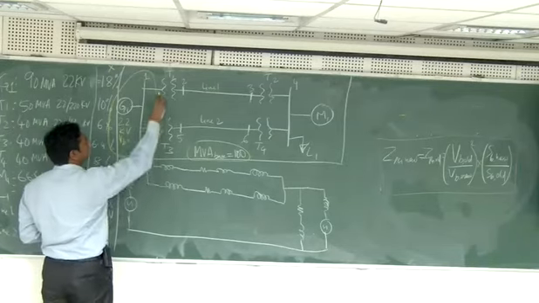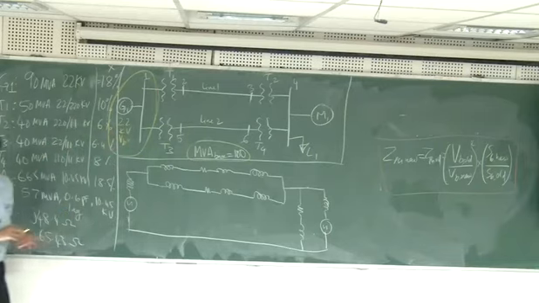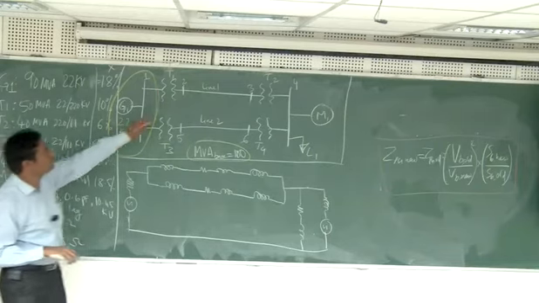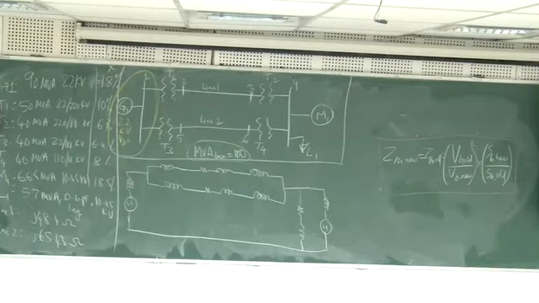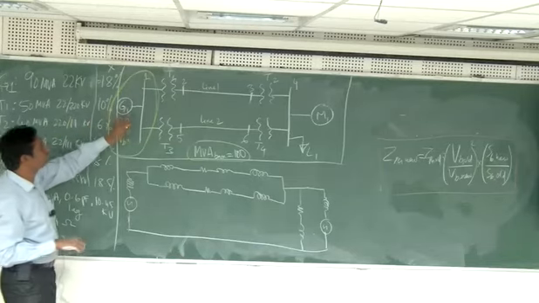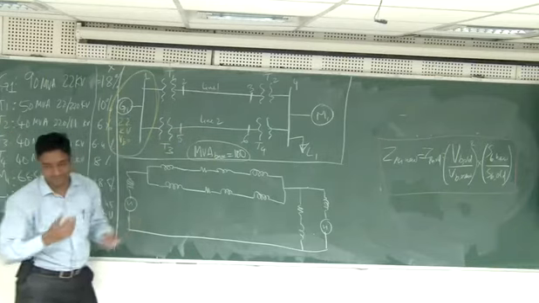So this is one region, and in this region my voltage base is 22 kV. What is the ratio of transformer T1? If you look at T1, it is 22 kV by 220 kV, that means 10 times. So whatever base you choose for generator G1, the base for line L1 will become 10 times that.